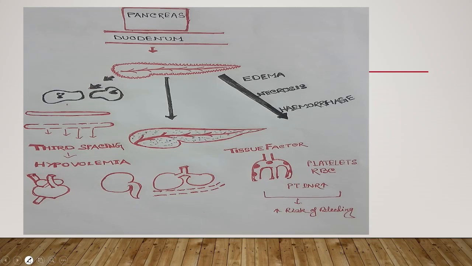So previously we studied the pancreatic enzymes, protease, lipase and amylase, secreted from the pancreas. When they stay in the pancreas they are in inactive form, and when these pancreatic enzymes arrive at the duodenum they become active and help in digestion.